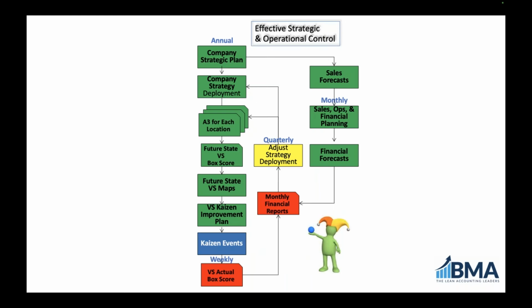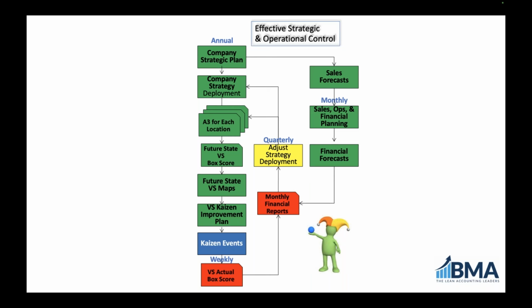So here's how the strategic piece works, sort of like a flow chart. You have the company strategic plan, you do strategy deployment, you create A3s for each location, and you create future state box scores at the value stream level.